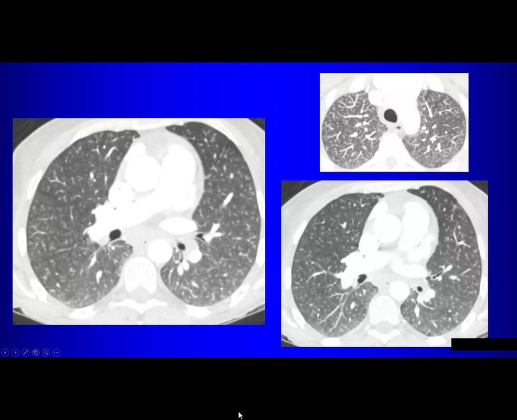What is the distribution of the nodules here? Remember we discussed how to determine distribution of nodules.